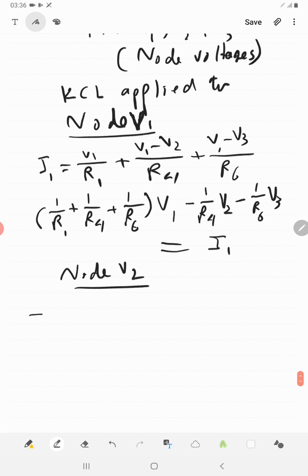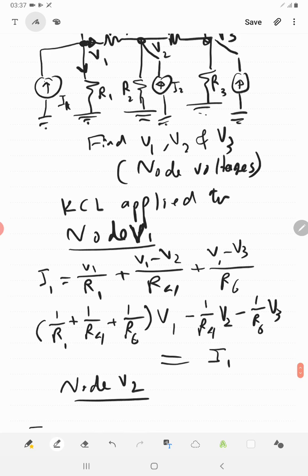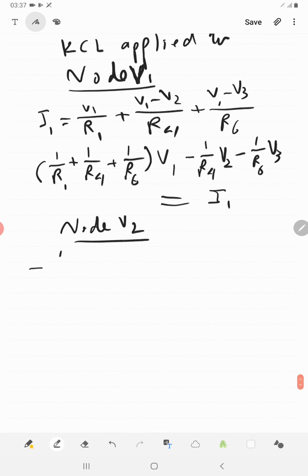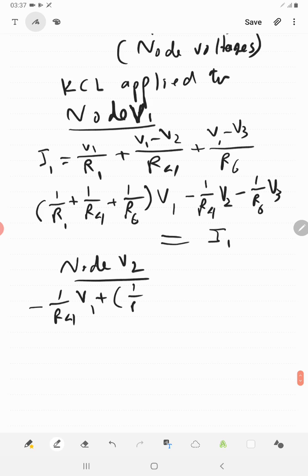Now minus, V2 is connected to V1 through R4, so we say minus 1 over R4 times V1. Now plus, we have R2, R4, and R5, so plus 1 over R2 plus 1 over R4 plus 1 over R5 times V2, minus.